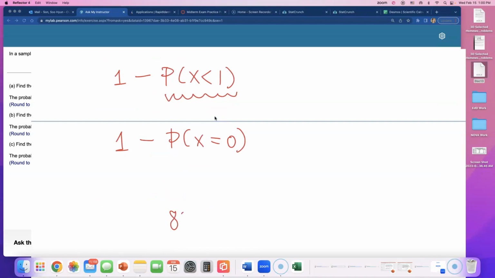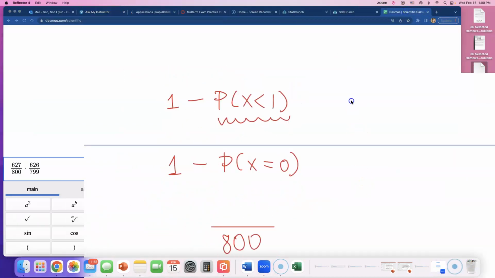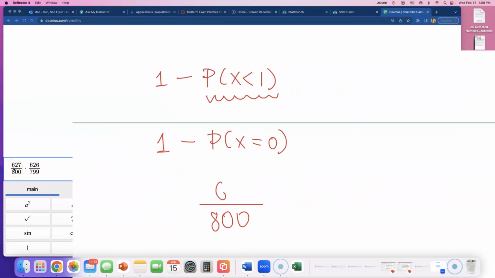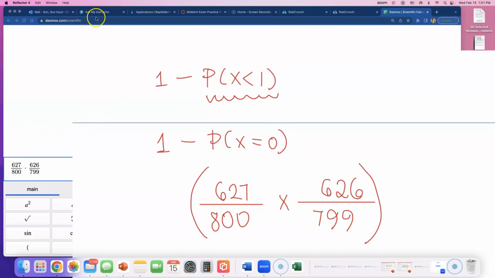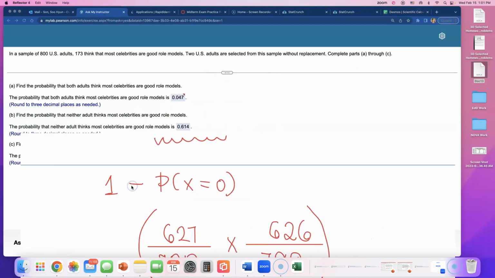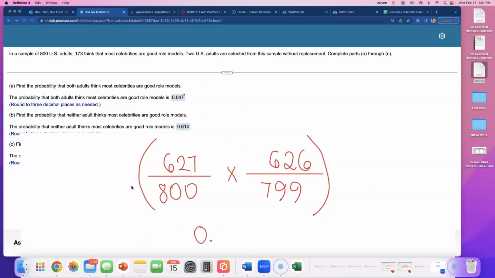That will be 800. That will be the total first. But I forgot the number of people who say celebrities are bad role models. Oh, that is 627. And the second time we go and ask the second guy, there are 799 people left. But out of those 799 people, 626 think celebrities are not good role models. Hey, I just realized we did this one on part B. Part B, the answer, the decimal came out to be 0.614.